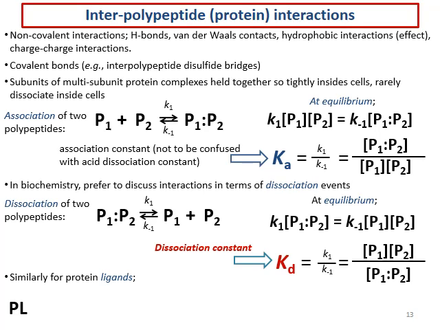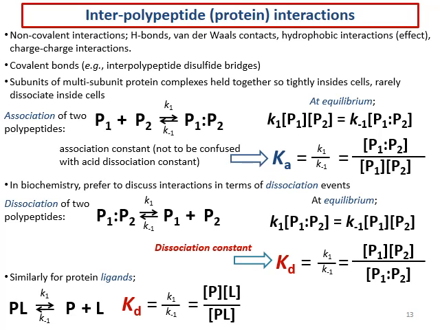Similarly, for protein ligands, which is abbreviated here as PL, we can have the protein plus a ligand. What is a ligand? A ligand is any chemical that binds to a receptor, and here the receptor is a protein. So P plus L forms a protein ligand complex, and the protein ligand complex can be looked at in terms of dissociation, just like we did for the protein-protein complex above.